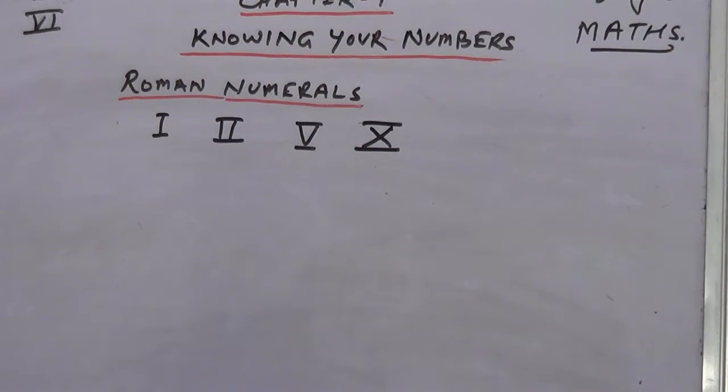These numbers generally appear on the dial of old watches, and you can also see this type of numbers on your timetable, and on the name plate of the class outside every classroom.